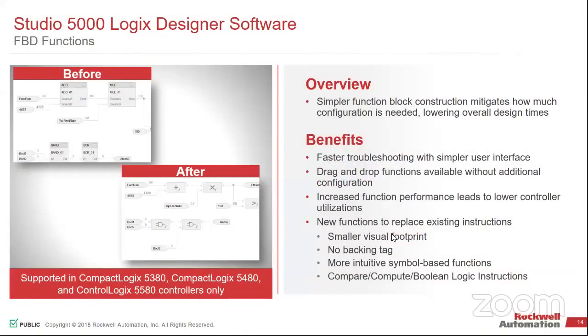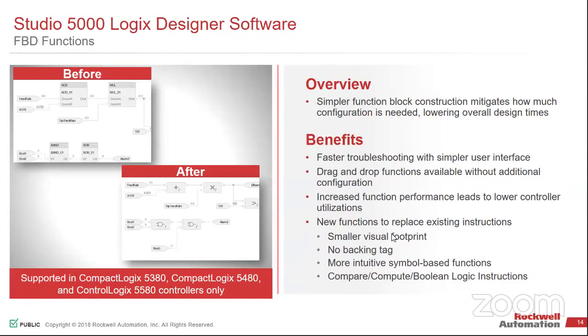So with version 32, there's been a refresh of the interface for function block diagram. Just a show of hands, who here programs Studio 5000 with function block diagram? Anyone? A couple. So this is just a look and feel, but this is the old version, and it's got numbers and letters and things.